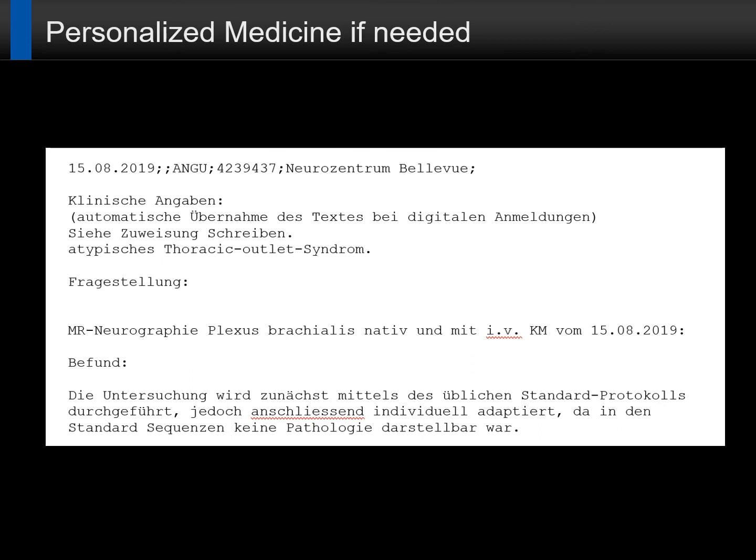This is quite time consuming, especially if you have several patients a day, but sometimes it's really necessary to adjust the planes, to work out the best from the exam, especially in very tiny nerves. So you cannot expect from your technicians that they know everything. You need to be present in a certain percentage of cases.